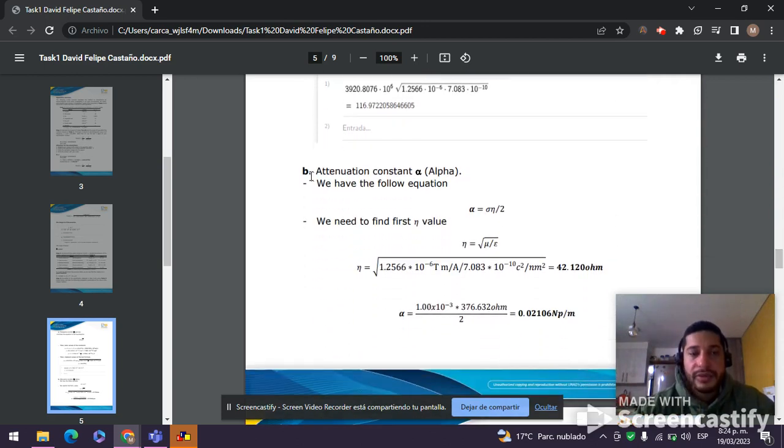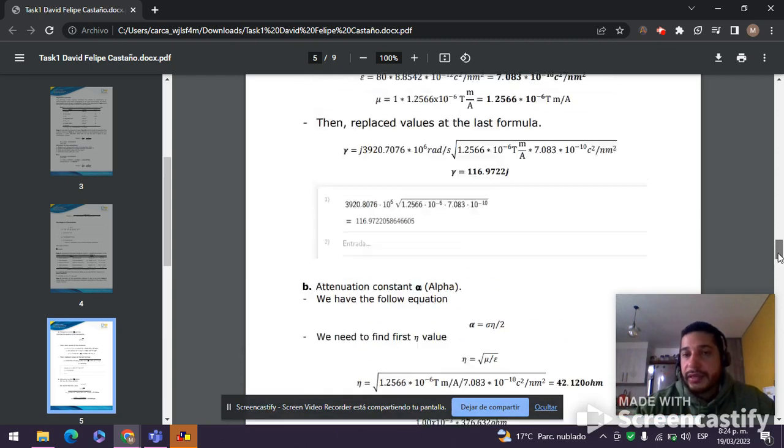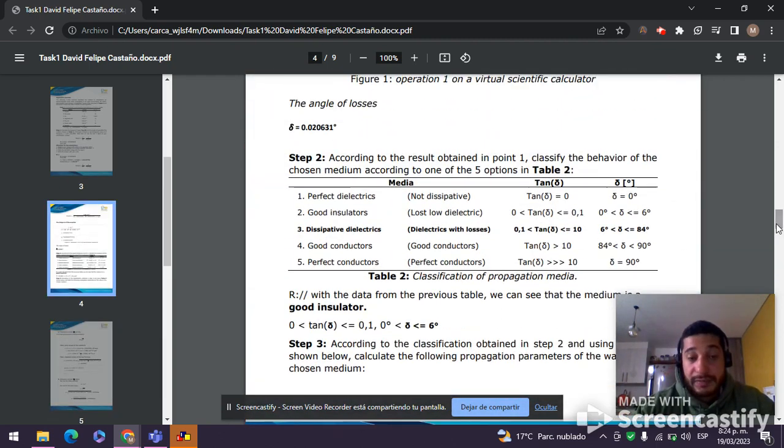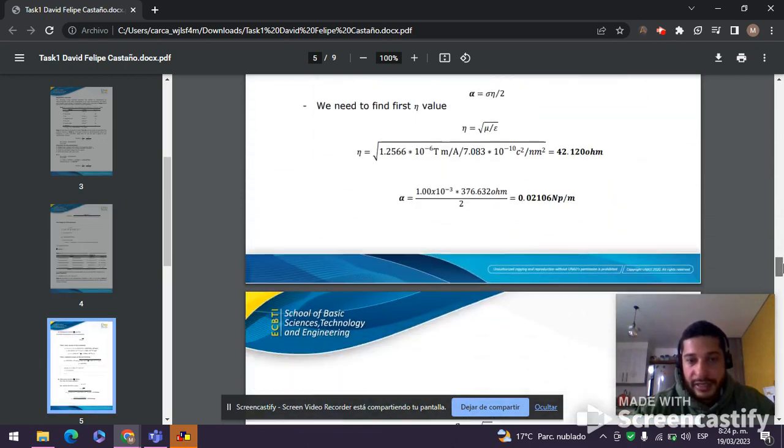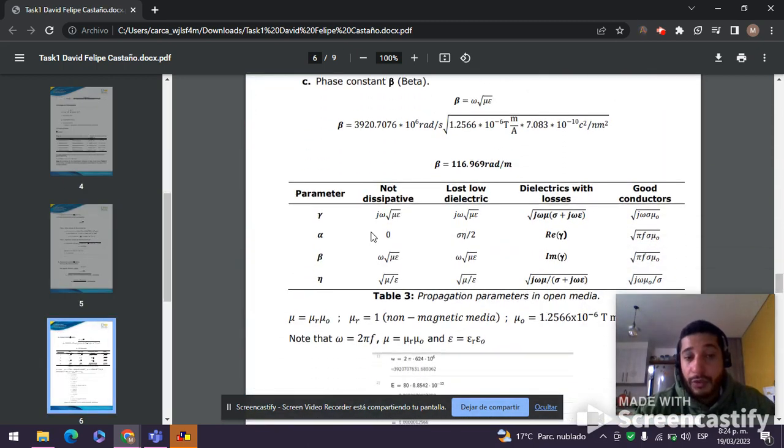In the second part, I will explain point b, the attenuation constant alpha. I will use this equation for low-loss dielectric, from the last point.